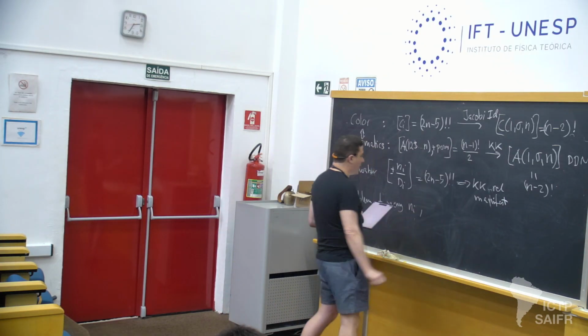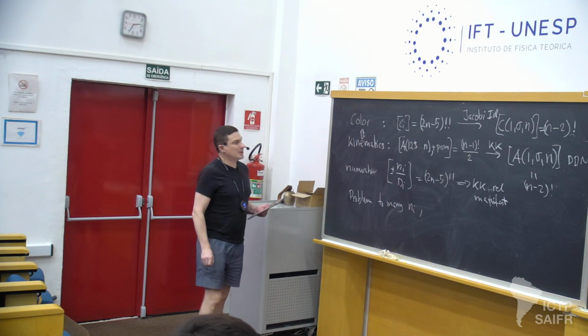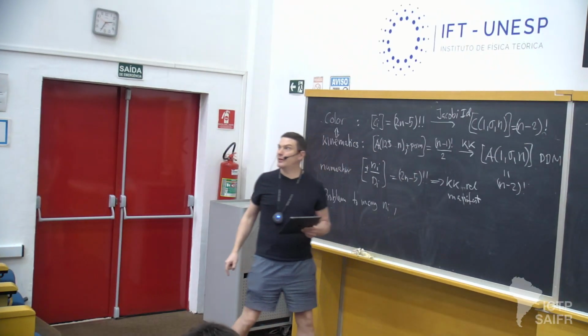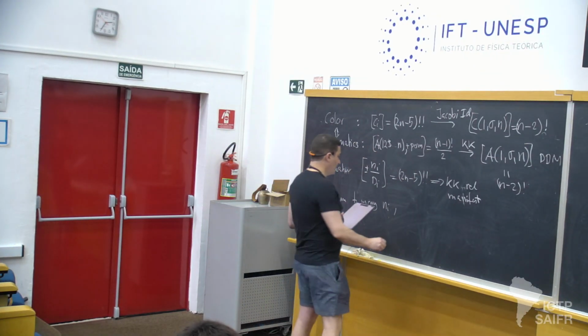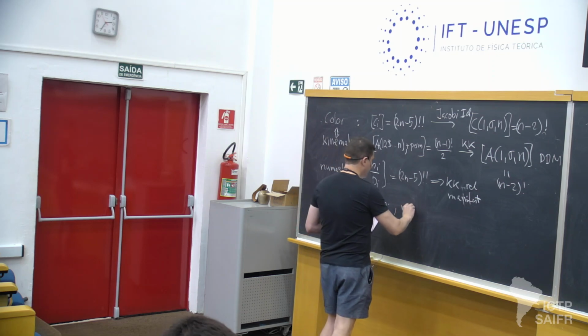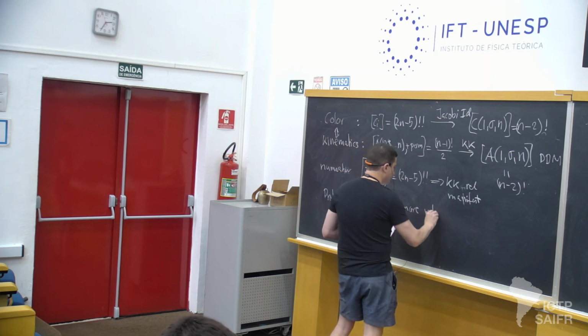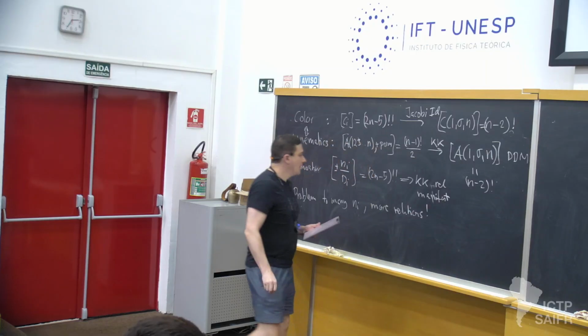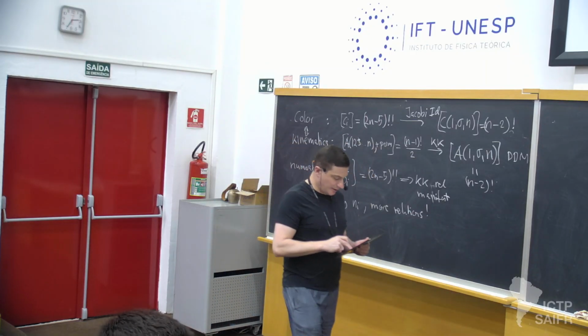And there's another problem: there are actually more relations. We used the Kleiss-Kuijf relations, but this does not exhaust the number of relations. So that's what we're going to talk about today.